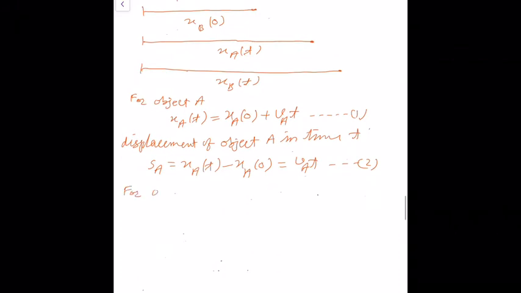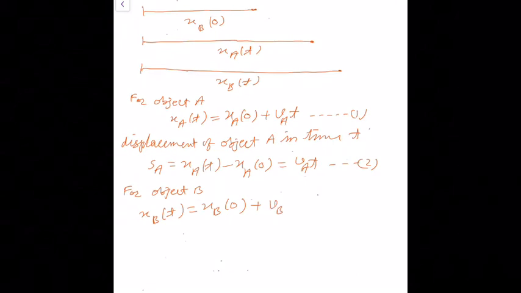For object B, xBt is equal to xB0 plus VBt. It is equation third.